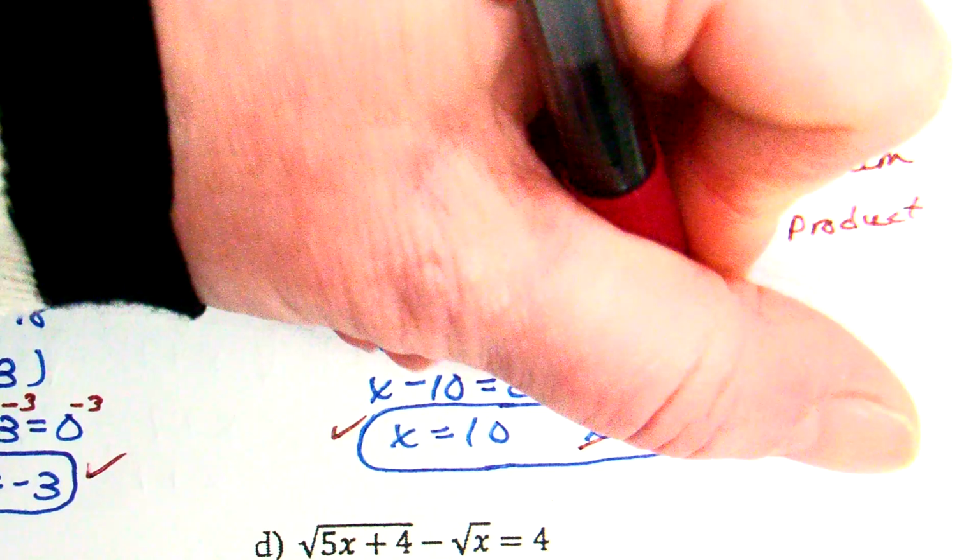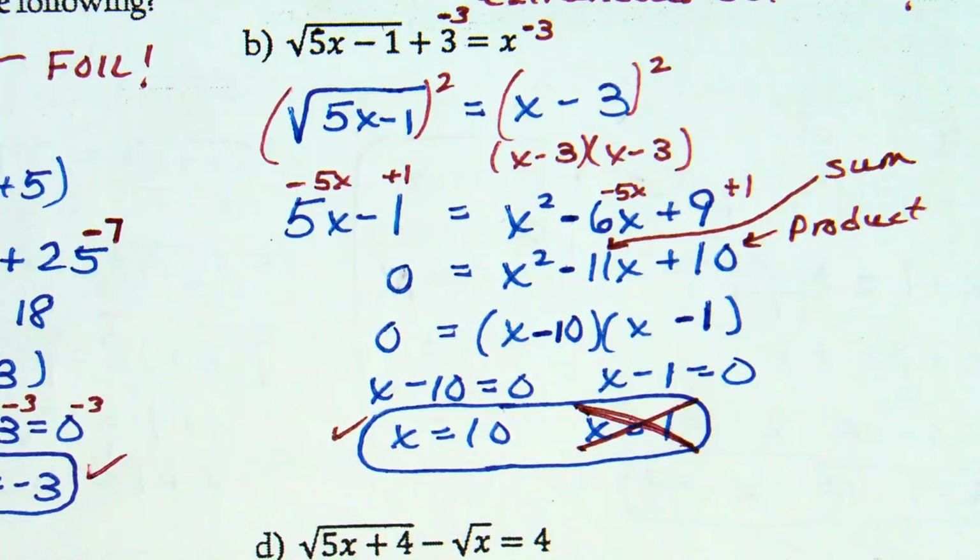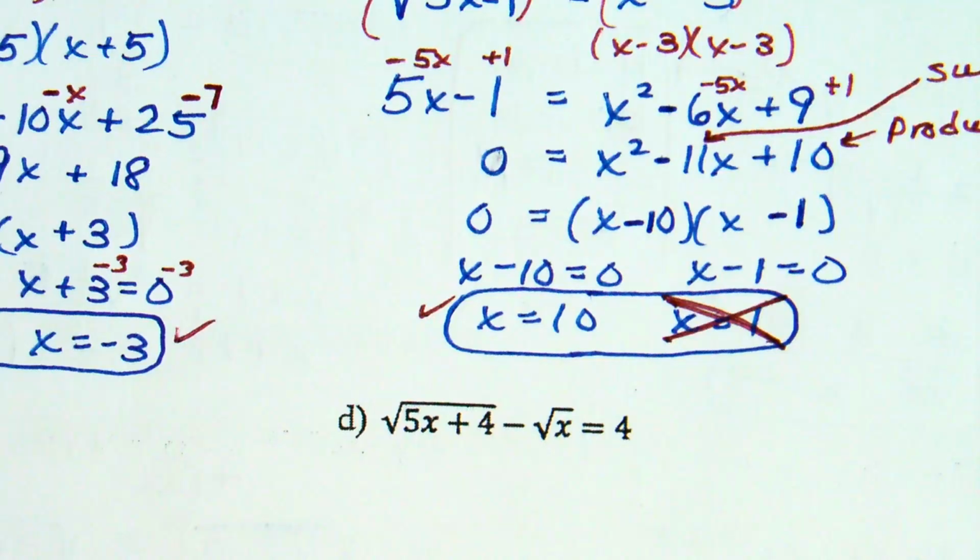So that 1 does not work. Make sure you're checking these answers. Okay, let's do at least one of these bottom ones, and that way give you guys a little more work time.